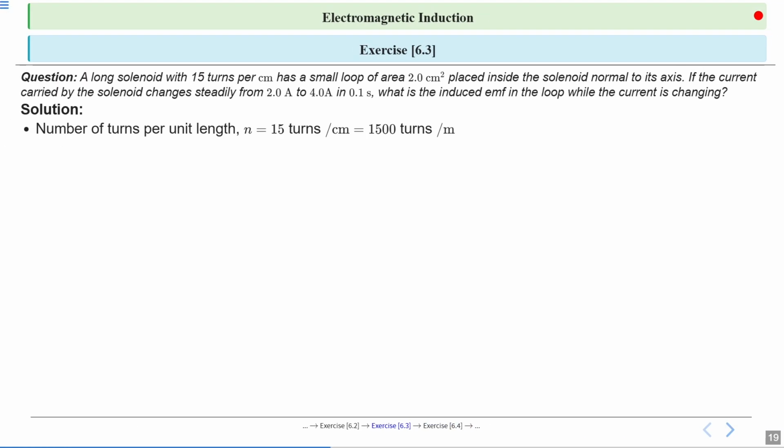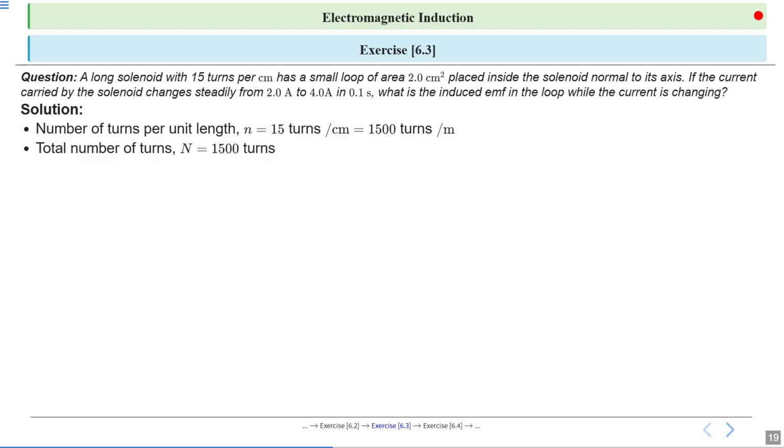The number of turns per unit length is given: n equal to 15 turns per centimeter, equal to 1500 turns per meter. The length of the solenoid is not given, so we have assumed 1 meter. So capital N is equal to 1500 turns if we assume 1 meter length of solenoid.